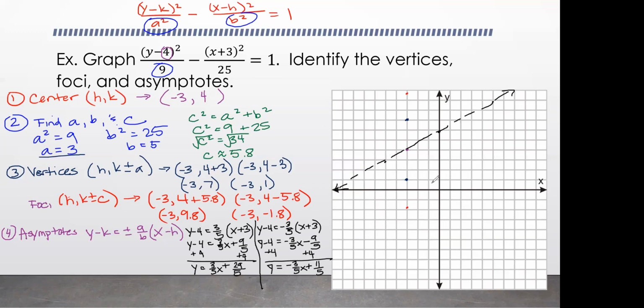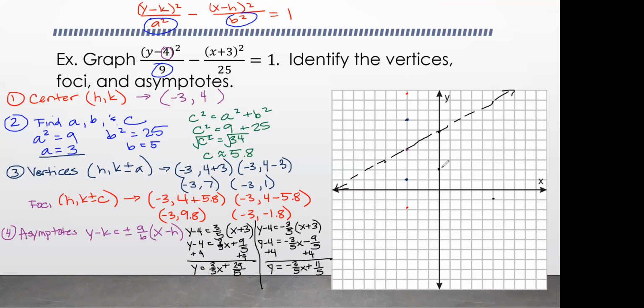Okay, so let me graph that line as well. 11/5 is a little bit over 2, so my y-intercept is going to be a little bit over positive 2. And then my slope is negative 3/5, so I'm going to go down 3 and over 5.